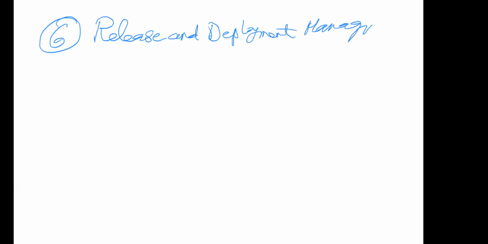Service number 6 is the release and deployment management. What is release and deployment management? This usually relates to services, gentlemen. If you have a new service, what will be the steps?